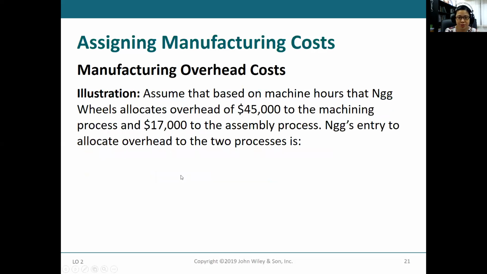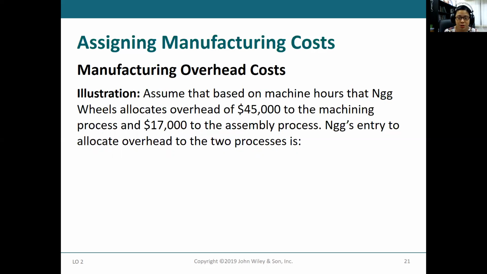So the journal entry is that we debit work in process for that department and credit manufacturing overhead. For example, for this illustration, assume that based on machine hours, NGG allocates overhead of 45,000 to the machining process and $17,000 to the assembly process.